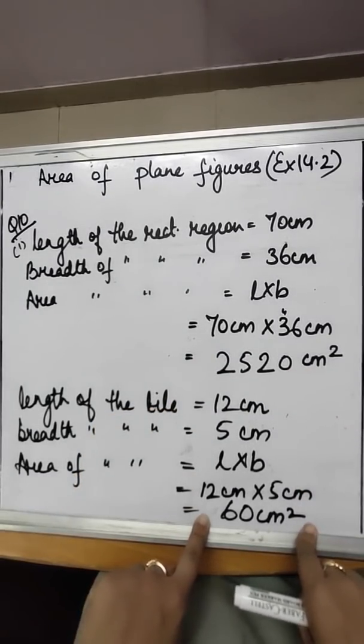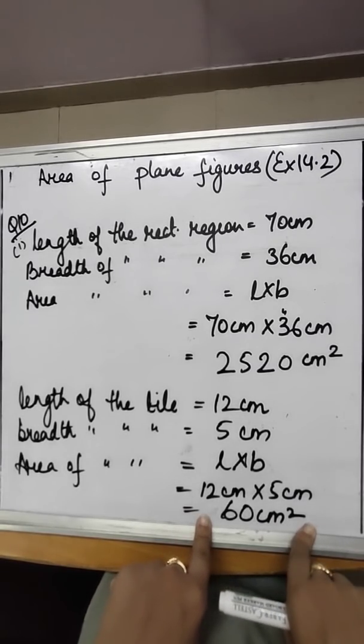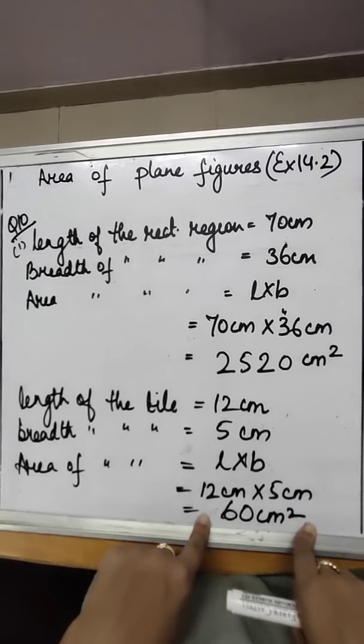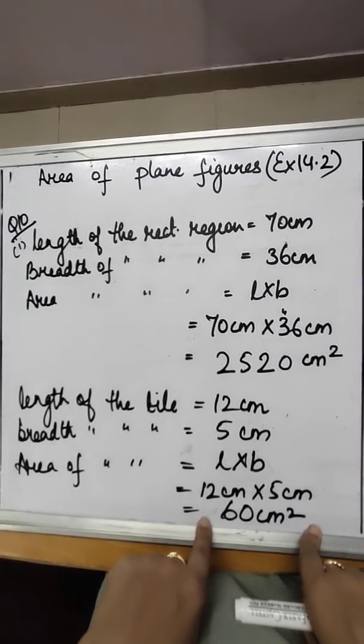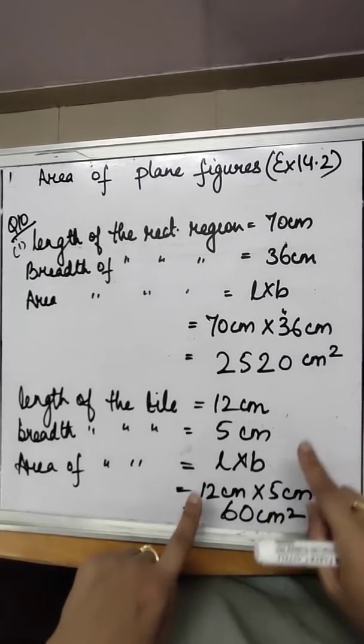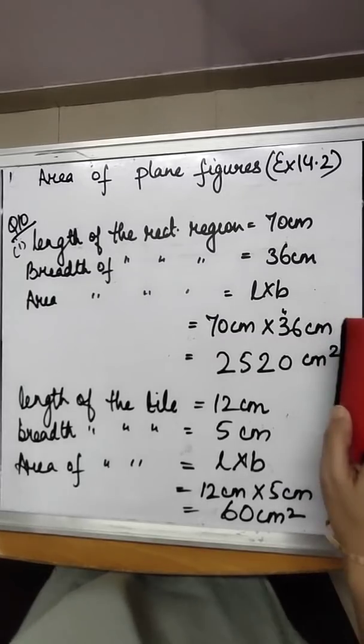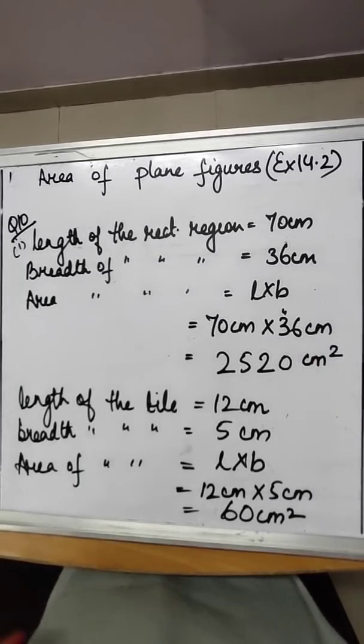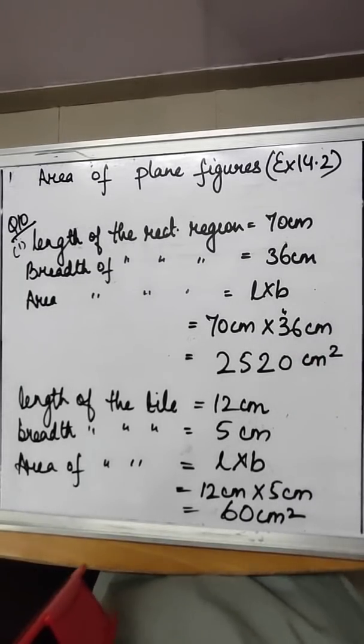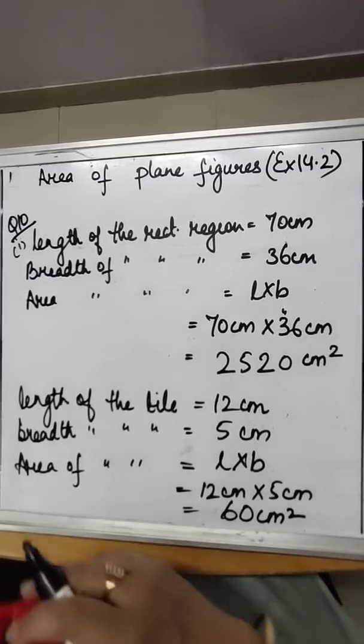Okay, and we have to find out how many tiles are required. So to find out the number of tiles, what do we have to do? We'll have to simply multiply the two values. Sorry, we have to simply divide the two values. So let's divide.